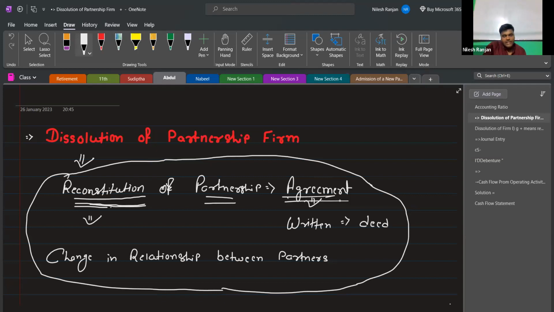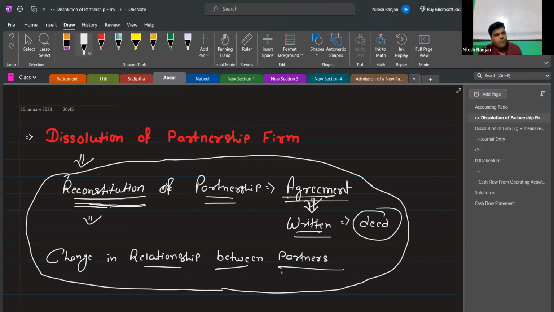There is an agreement, and due to a change in that agreement, it is written and it is called partnership deed. And reconstitution means change in relationship between partners.